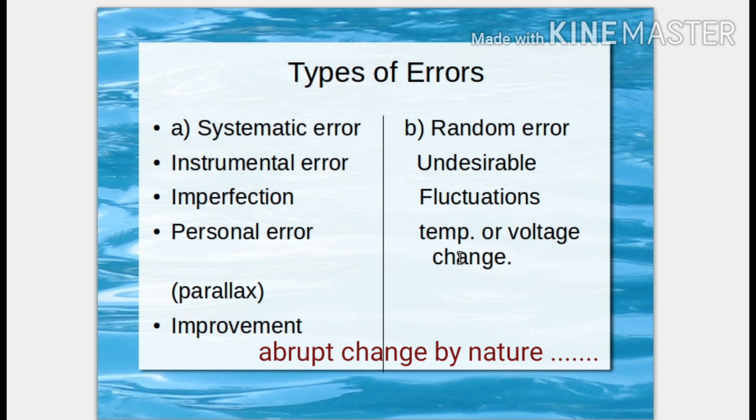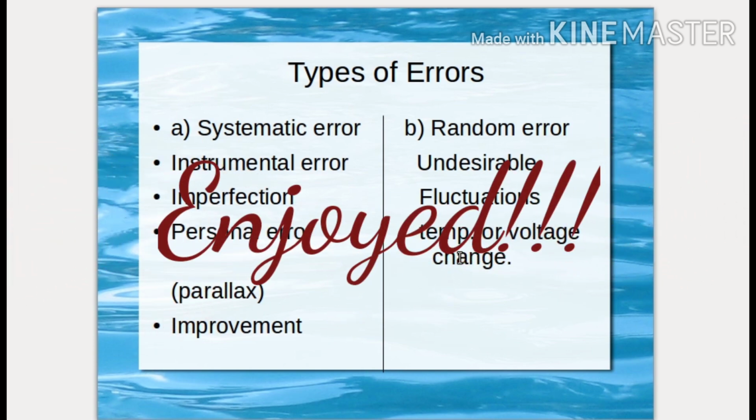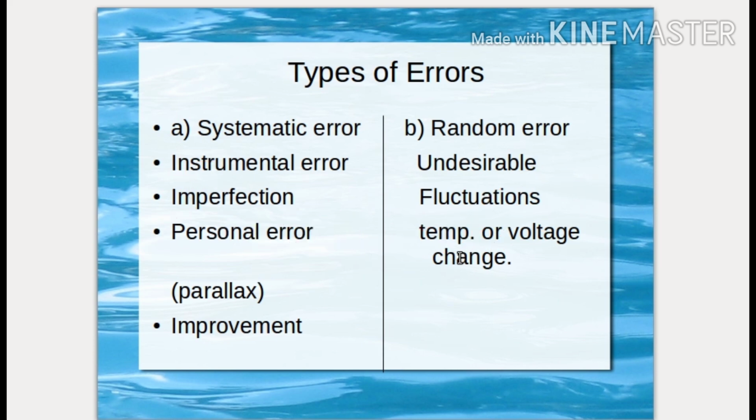It means the nature is doing all these things, and you are measuring with the instrument in that nature. Understood? So this is all about the errors, and we have to discuss more about the calculations. So see you in the next presentation with some calculations.